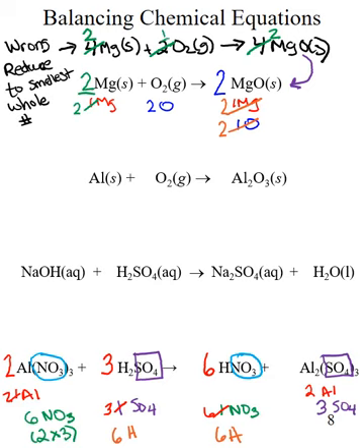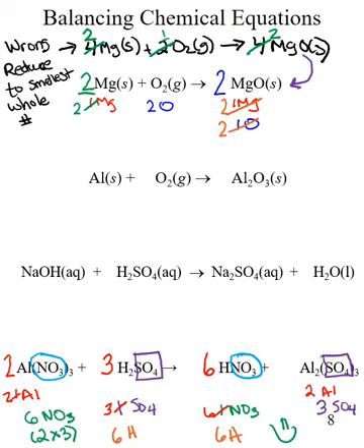Okay, so we can just go through, balance everything real fast, make sure everything is good. 2 aluminums on the left, 2 aluminums on the right. 6 NO3s on the left, 6 NO3s on the right. 3 SO4s on the left, 3 on the right. 6 hydrogens on the left, 6 hydrogens on the right. Okay, so therefore we know we did it right.